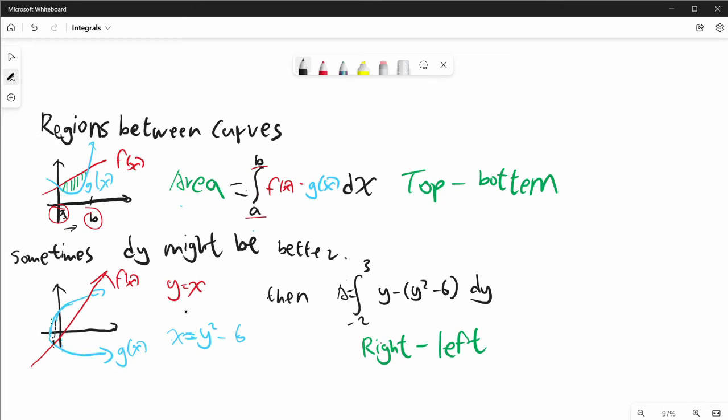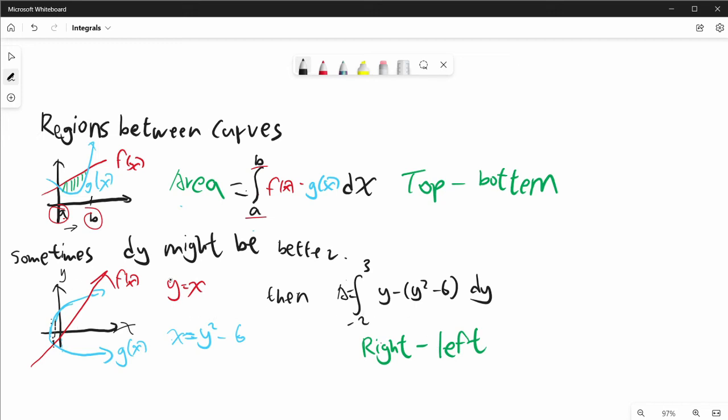But if you look at it the other way, this is x and y. So if you do dy, then essentially what I like to do is just turn my head 90 degrees to the right and imagine the x-axis as the y-axis, and then you can do top minus bottom that way. In this case, it would be right minus left if you're looking at it right side up.